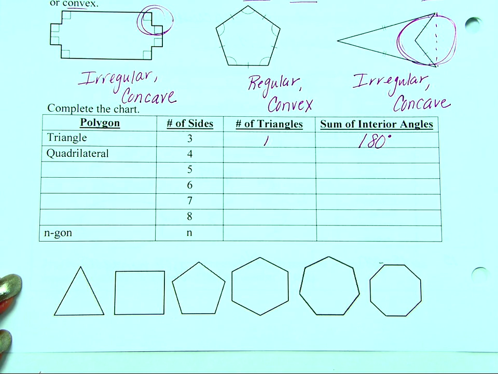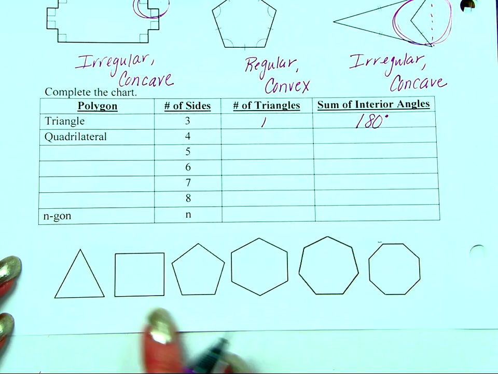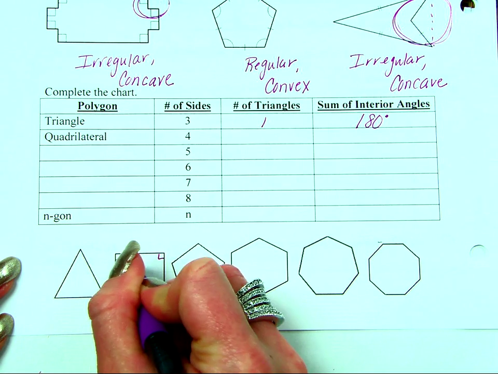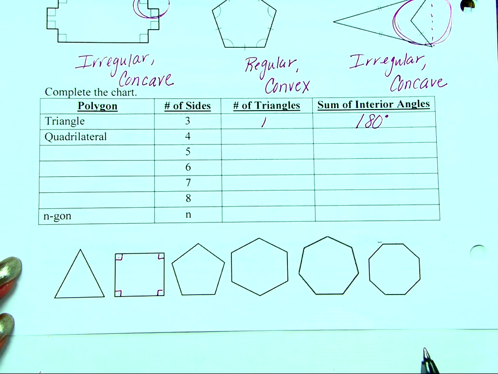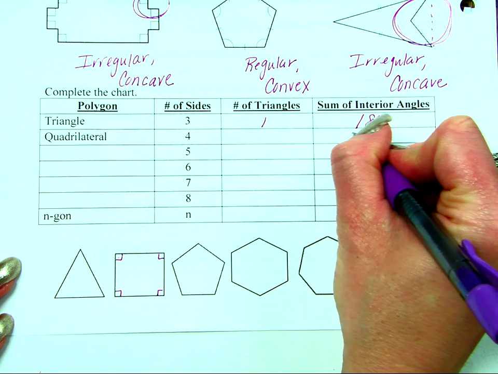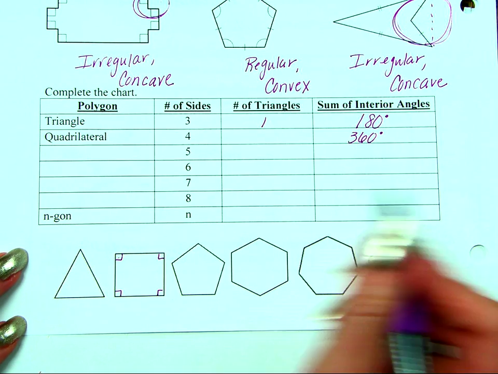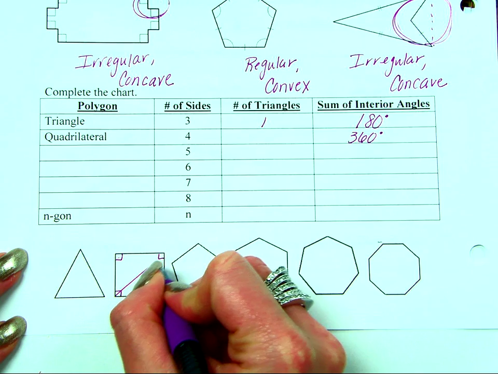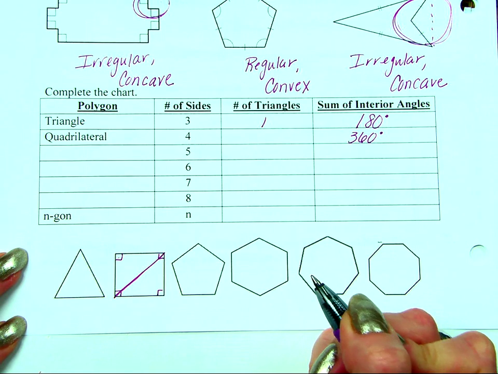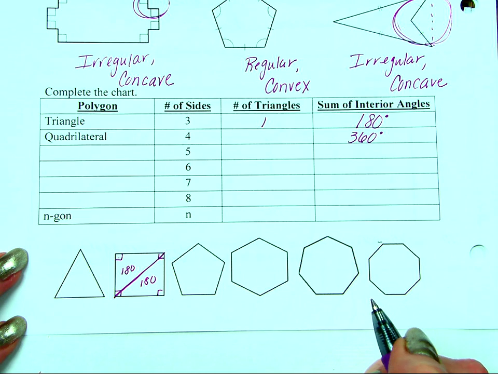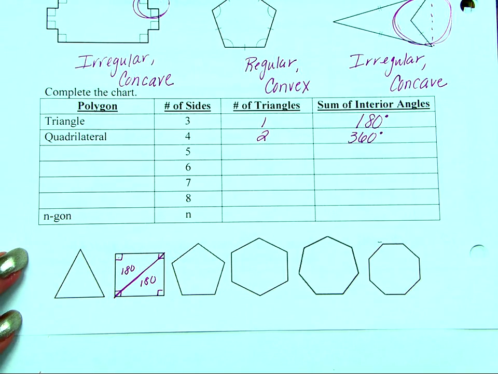Well, if we knew that this was a rectangle, I know that this would be 90, 90, 90, and 90. Okay, well 90 times 4 is 360. So a quadrilateral is 360 degrees. But another way to look at that is my quadrilateral could also be divided into two triangles, 180 and 180, and that would also give me 360 degrees. That is going to be true for any type of quadrilateral.